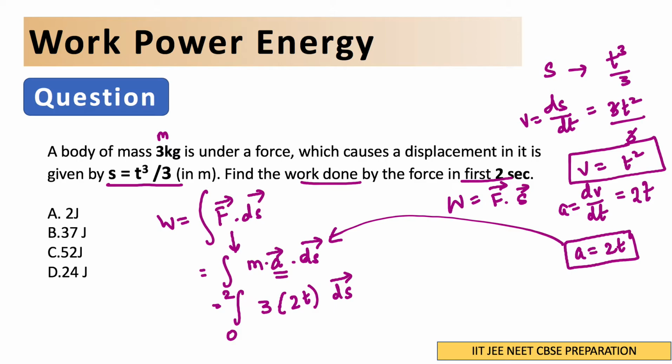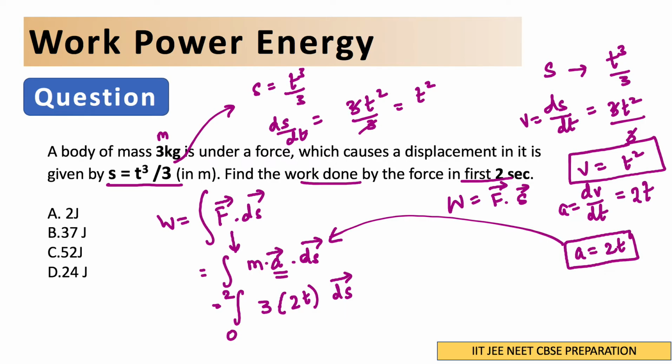So again use the expression s = t³/3. Differentiating with respect to t, we get ds/dt = 3t²/3, which is t².